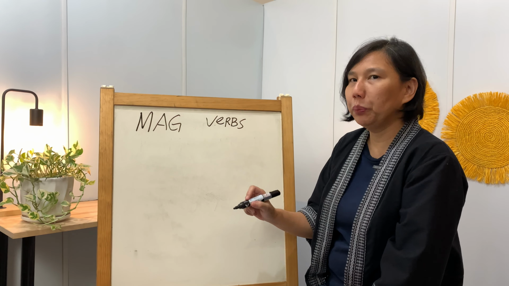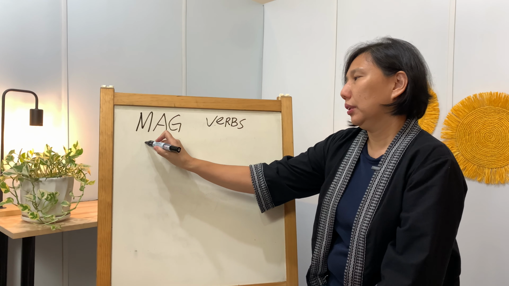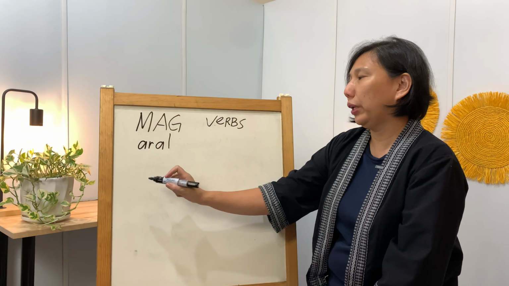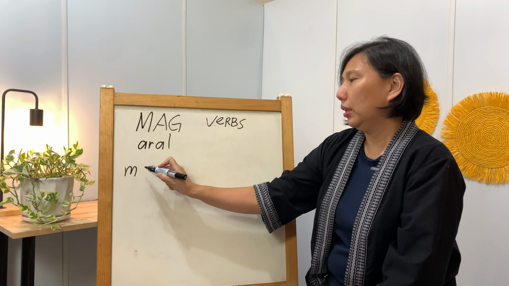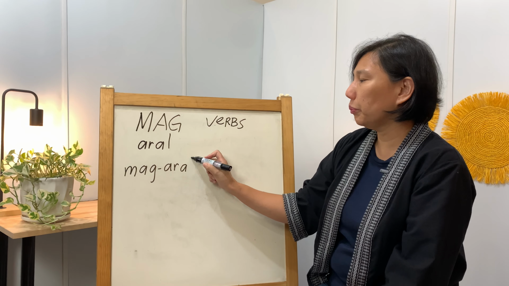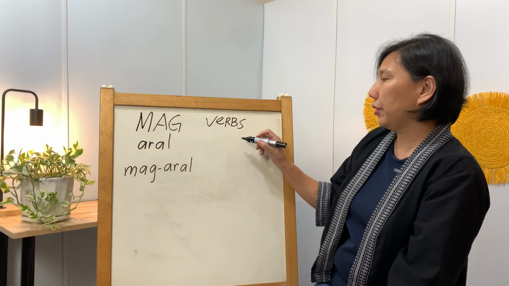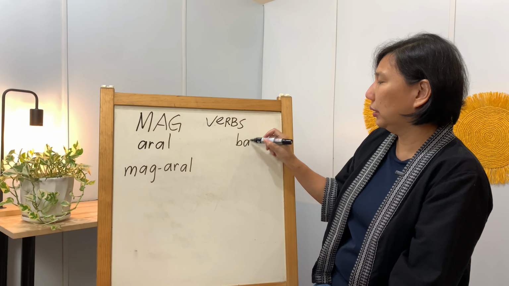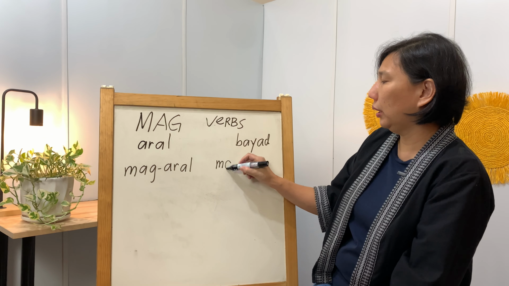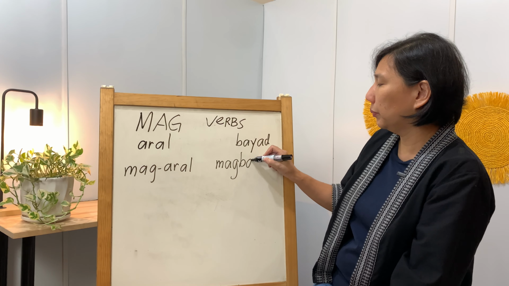So for the verb root aral, which is to study, we have already formed the infinitive, which is mag-aral. And for the verb root bayad, we already formed the infinitive magbayad.